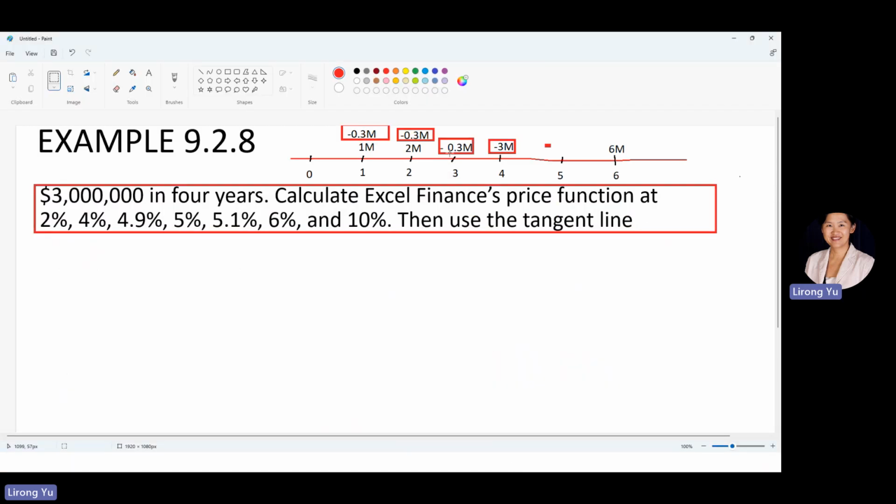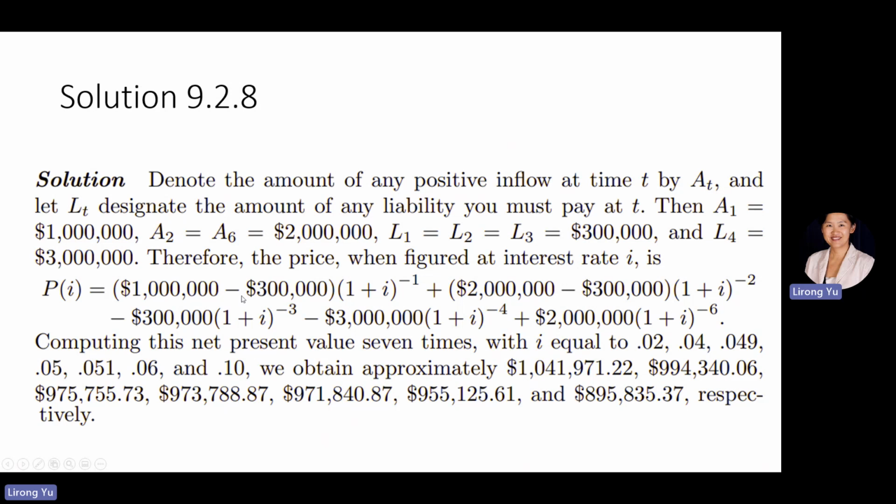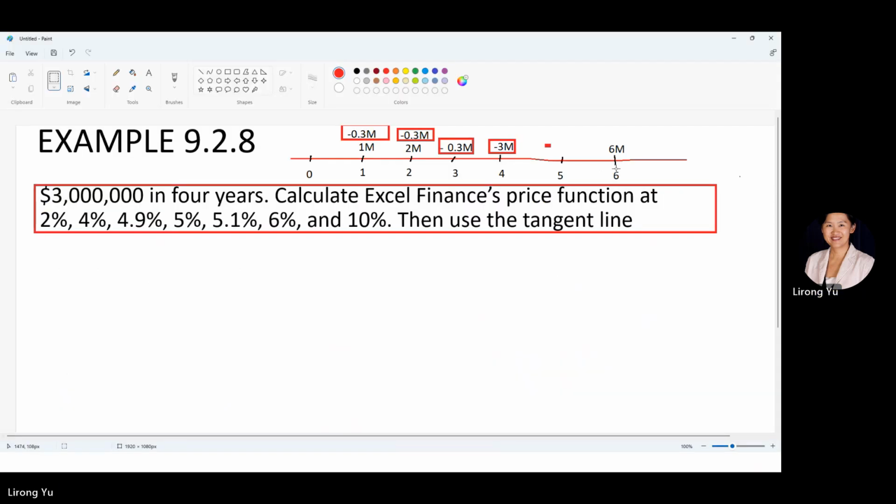Once you have the timeline, you can see for time 3 there's only negative cash flow, and time 4, there's only negative cash flow. And then at time 6, there's a positive cash flow. That's how we set up.